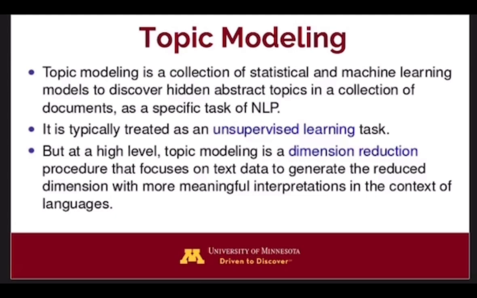If I hold an article and it says something like the number of points, the number of rebounds, then I'll know that probably they're talking about basketball. If it says something like the number of goals scored, the number of shots, the number of corner kicks, and so on, then I would know they're talking about soccer.